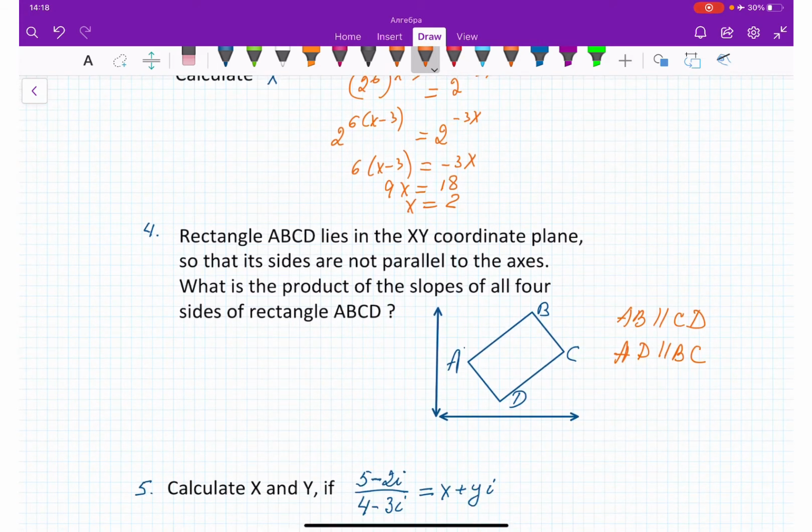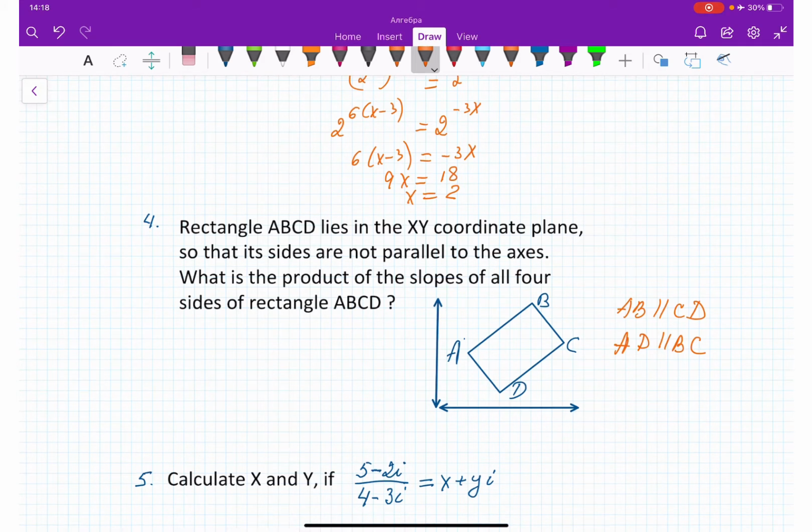This rectangle ABCD. We know one thing: every angle here is going to be 90 degrees, which means the sides are perpendicular, right?